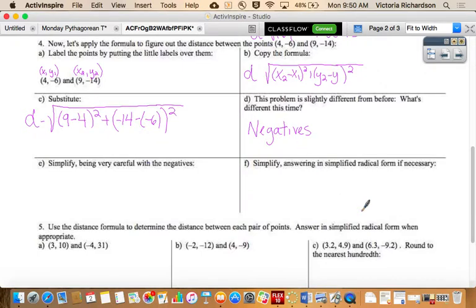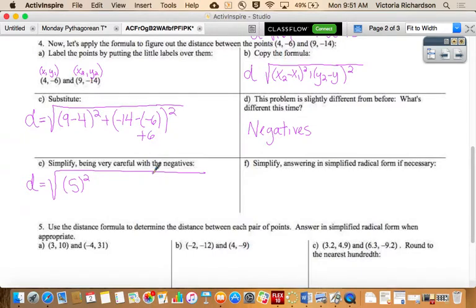All right, so then it says simplify, being very careful with the negatives. So D is equal to the square root. All right, so I'm going to do 9 minus 4, which is 5 squared. And then I have negative 14 minus a negative 6. So minus a negative, that's like plus 6.